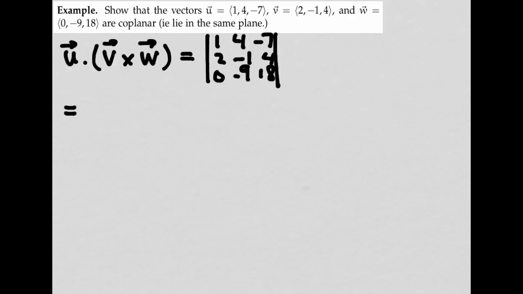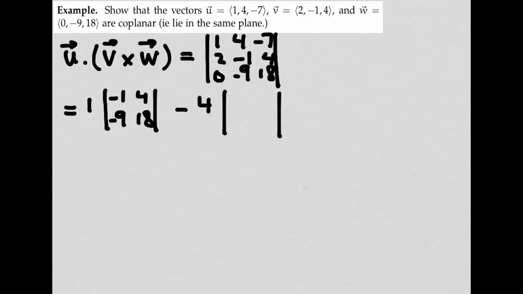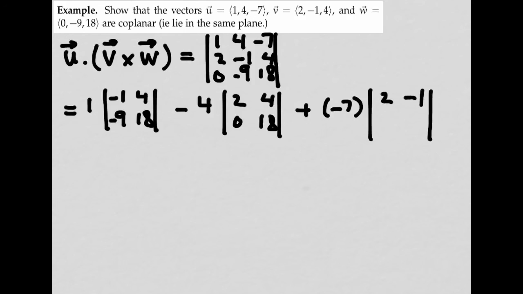That's equal to 1 times the 2 by 2 determinant, minus 1, 4, minus 9, 18, minus 4 times the 2 by 2 determinant, 2, 4, 0, 18, plus negative 7 times the 2 by 2 determinant, 2, negative 1, 0, negative 9.